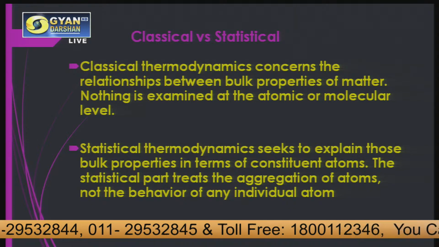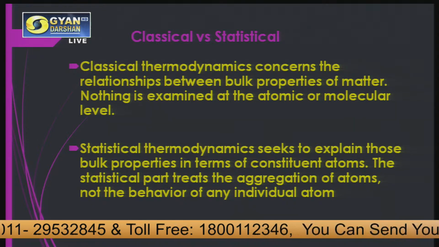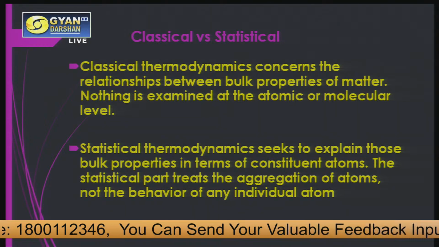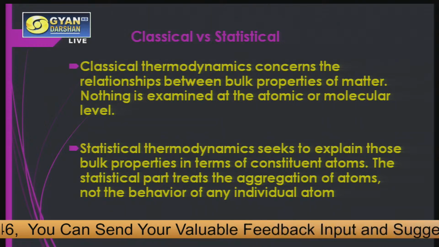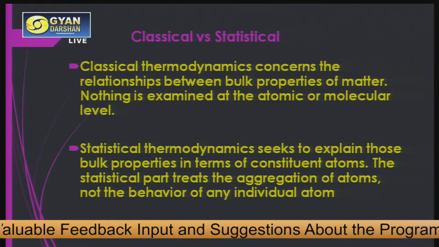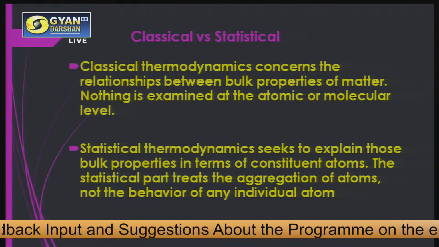Classical thermodynamics concerns the relationship between bulk properties of matter. Here nothing is examined at the atomic or molecular level. This is the basic difference between classical and statistical thermodynamics.